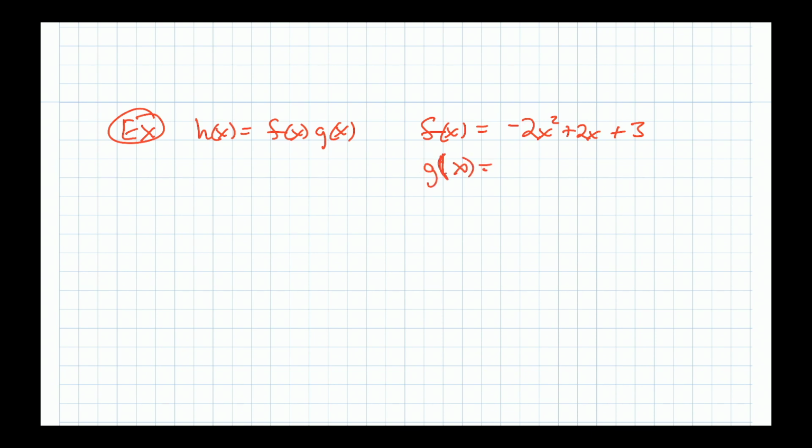Another thing is that they will ask you to do it in terms of numbers. So here's a problem from the homework. h of x is f times g. f is negative 2x squared plus 2x plus 3. g is negative x squared minus 3x minus 4.